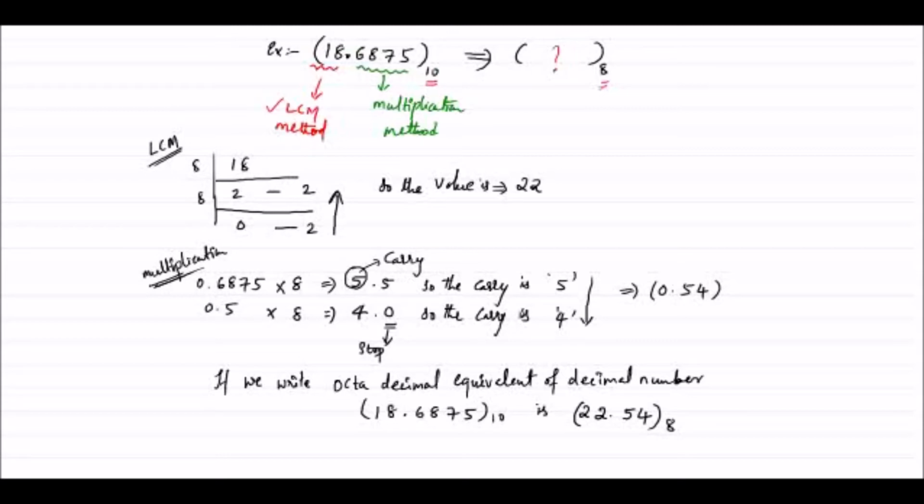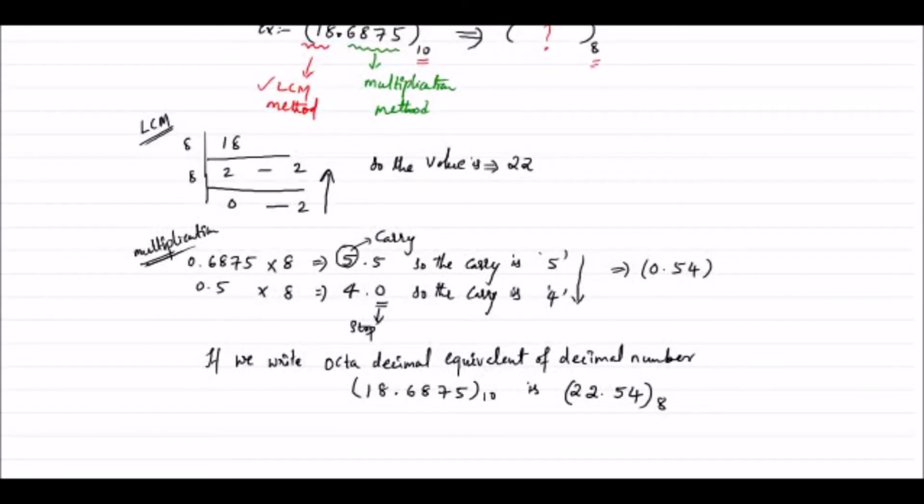For the part before the decimal point, which is 18, we need to follow the division method, and for the part after the decimal point we need to follow the multiplication method, as we followed in finding binary values for decimal numbers in the previous video. The same method will be followed here. So 18 divided by 8 gives 2 times 8 is 16, and the remainder is 2.